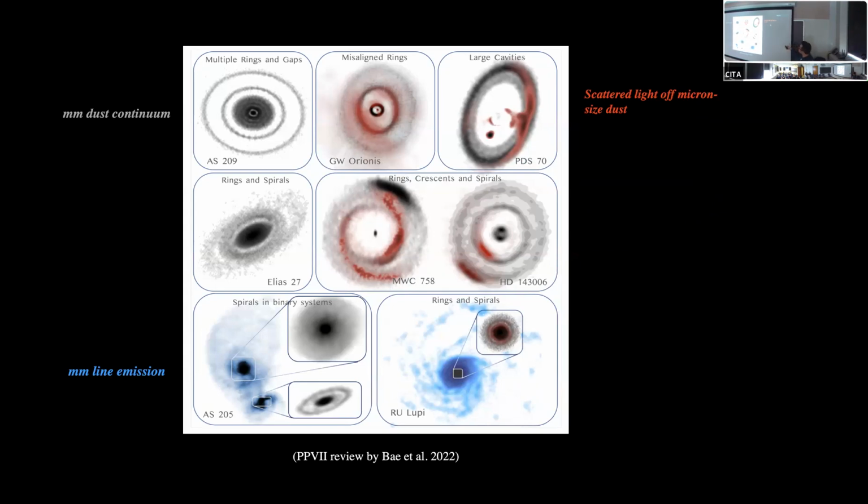By looking, for instance, at the scattered light of micron-sized dust, also tracing different scale heights of the disk, you may see spirals, also vortices or crescents, and millimeter emission that can also tell you about the gas dynamics. And there is a plethora of different things that people have seen, including misaligned disks, large cavities, also known as transitional disks, rings, crescents, spirals, and so on and so forth.